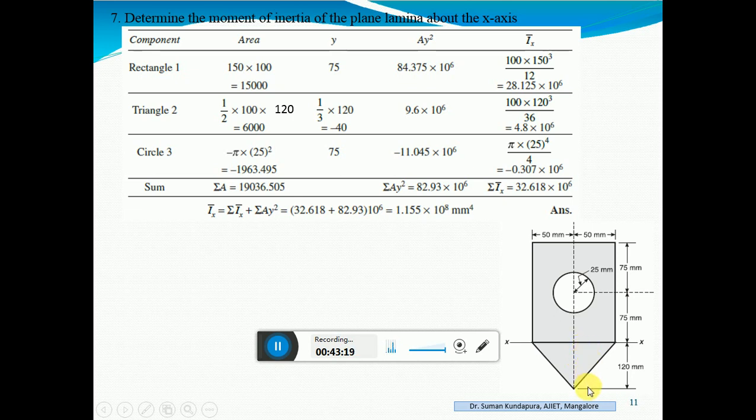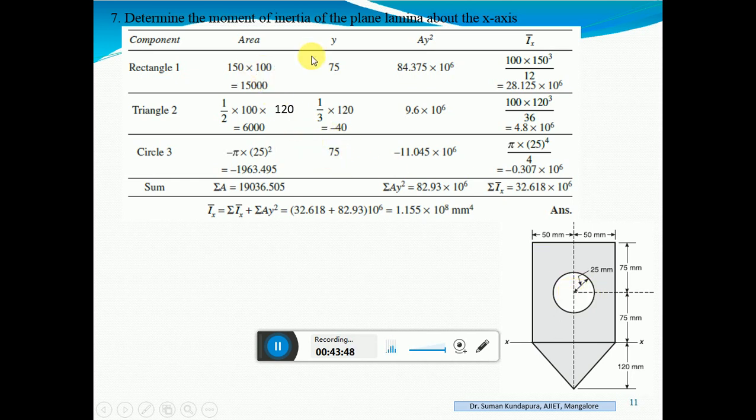Total depth 120 divided by 3 gives the CG, and since it is lying below the x-axis, that is the negative side, you will get minus 40. The next one is the circle, whose y distance from the x-axis is nothing but 75.